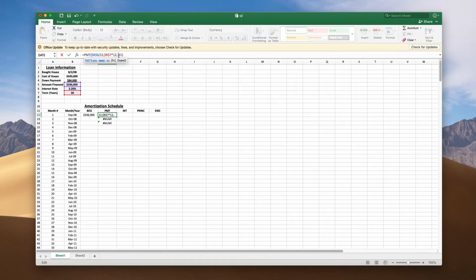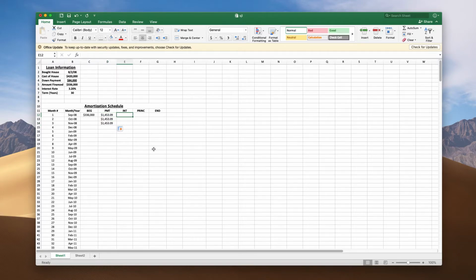That way, when I drag down, it will hold on the correct information. Now watch. When I drag this down, I get the correct number. The monthly payment doesn't change when you have a mortgage.